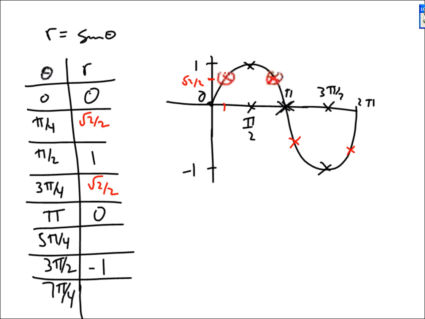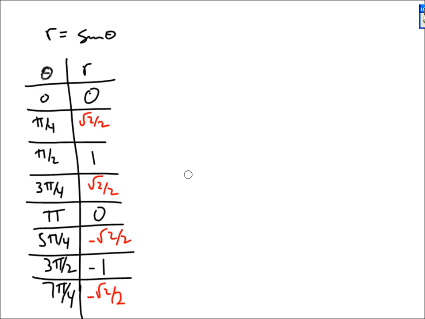But the next two, they're almost the same, except now they're negative. Negative square root of 2 over 2. Negative the square root of 2 over 2. Or if you insist, you can use your calculator. Problem is your calculator is not going to give you the square root of 2 over 2. So now we go and we graph this.